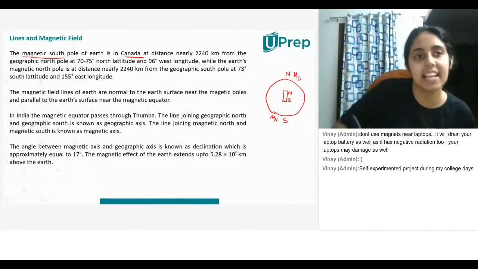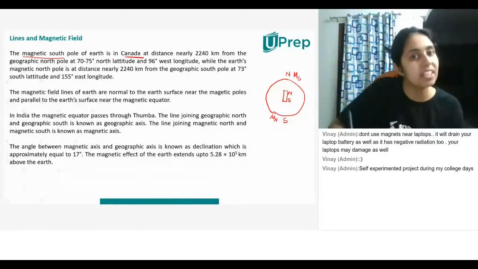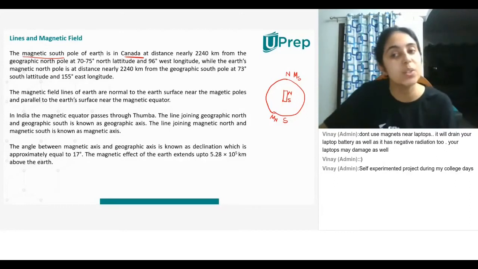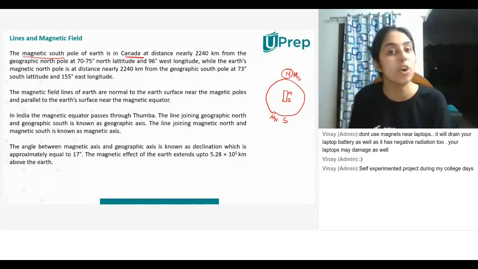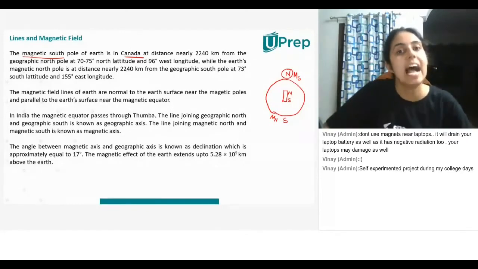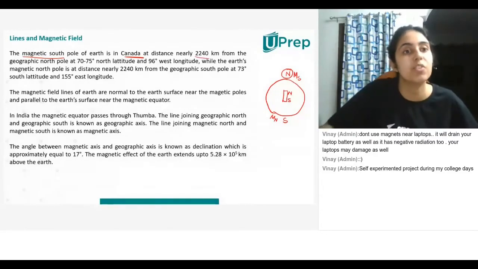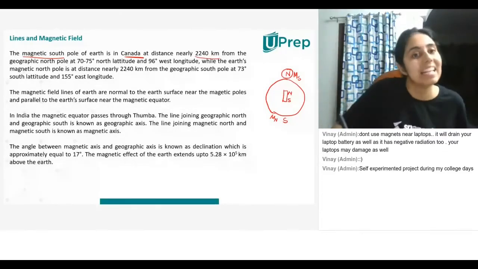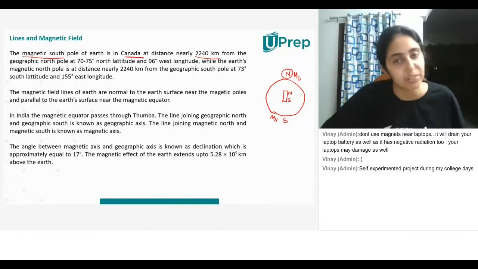So the sentence is saying the magnetic South Pole of the Earth is in Canada. That means the magnetic South Pole of the Earth is closer to the geographic North Pole of the Earth. It is in Canada at a distance of 2,240 kilometers from the geographic North Pole, at 70 to 75 degrees north latitude and 96 degrees west longitude.